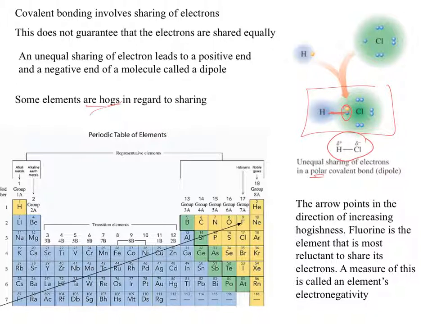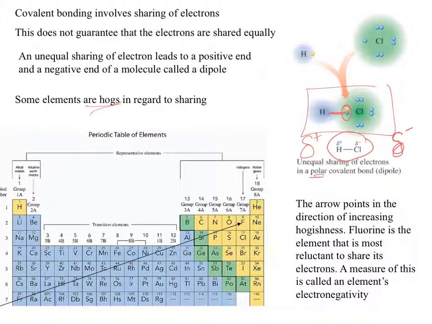Chlorine is stronger in the game of tug of war. Chlorine is pulling more of the rope on its side. The rope is made up of electrons, so chlorine has more of the electronegativity, more of the electrons on its side, and that leads to what we can depict as partially negative, the Greek delta, because it has more of the electrons on its side, and then that leaves poor hydrogen as partially positive.